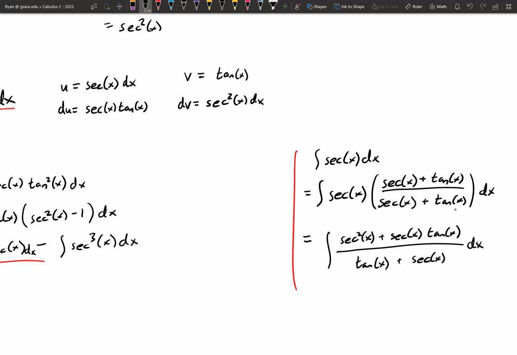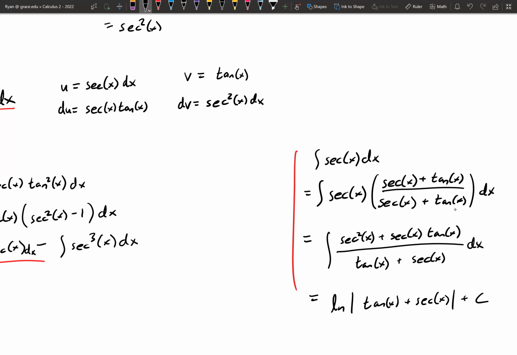Well, if you look at this, the derivative of tangent is secant squared. The derivative of secant is secant tangent. So if u is tangent plus secant, du is the top. So this is equal to the natural log of absolute value of secant of x plus tangent of x plus c.